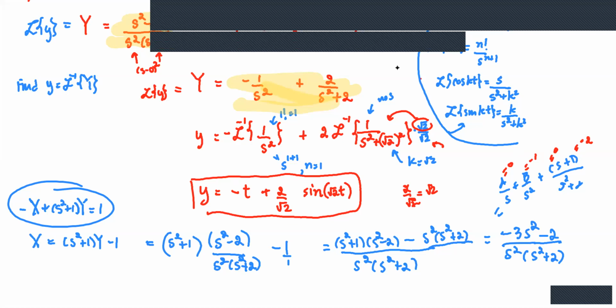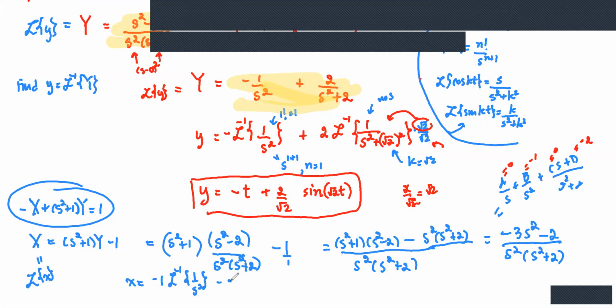Then since capital X is the Laplace of the lowercase x, the first one is gone. The next one is the inverse Laplace of 1 over s squared, and the second is -2.